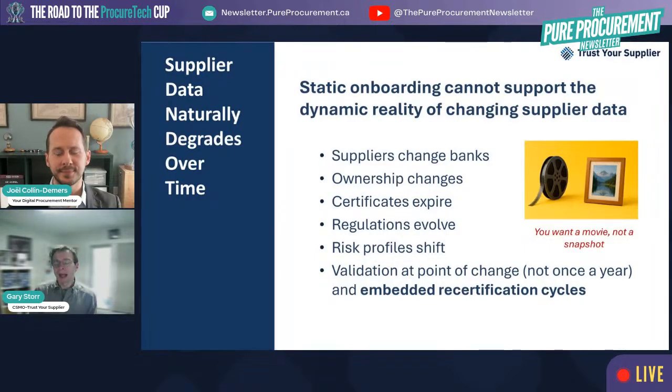And so what we're finding is that a lot of our customers and a lot of people in the industry don't do recertification, right? This is not once a year or once in a lifetime. You have to have recertification to go back and look at the supplier, especially the ones that represent the most risk, and say, hey, we took the snapshot here, whether it's 3 months ago or 6 months ago, let's take it again and see what's changed.